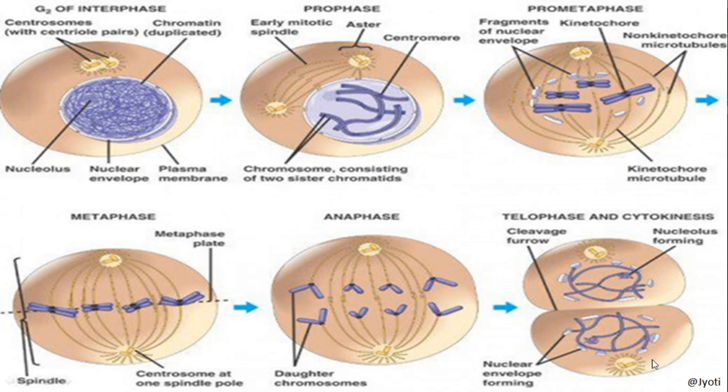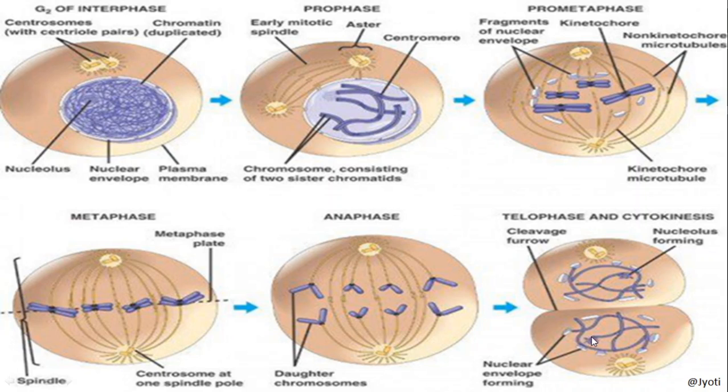Now the cell has entered into telophase. You can see that in telophase, the two sets of chromosomes which started moving towards opposite poles during anaphase have reached the opposite poles. There is no more spindle fiber, and you can see that the chromosomes are clustered at the pole and the nuclear membrane starts forming.